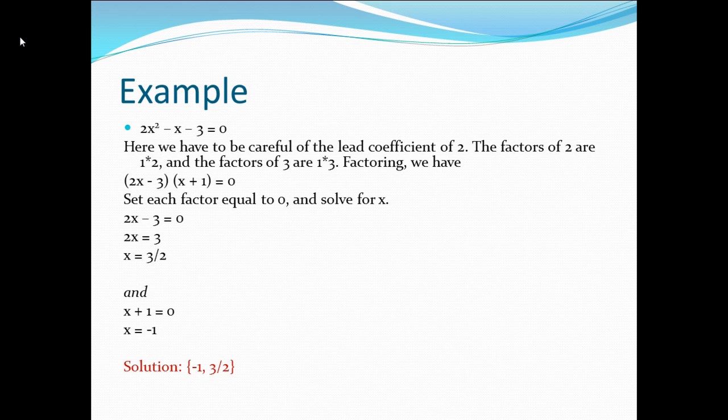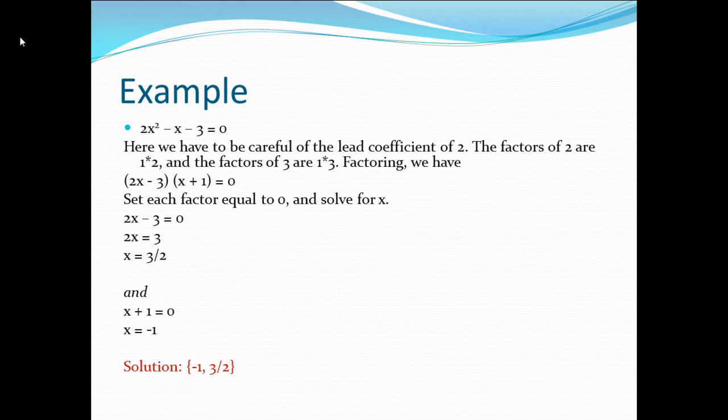We're going to try a couple of options. It turns out that our factors will be 2x minus 3 and x plus 1. This is called the trial and error method. You might have to try a couple of different arrangements of the 3's and the 2's in order to come up with the right factors. So always be sure that you are checking using multiplication.